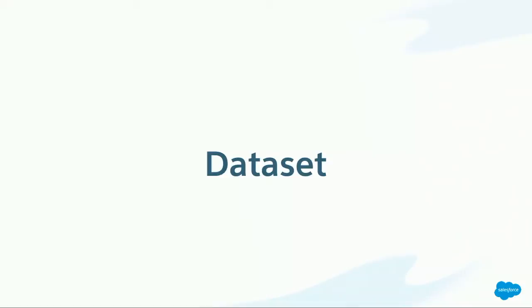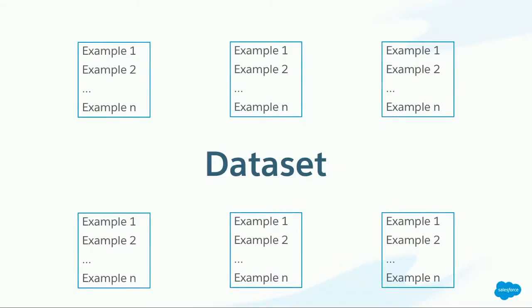And a collection of examples is what we call a data set. So why is this important? Because the data set, with all its examples, is the source that you can then take to predict an image or a text against. And you will see later what it means if you try to predict something that you haven't trained Einstein with.